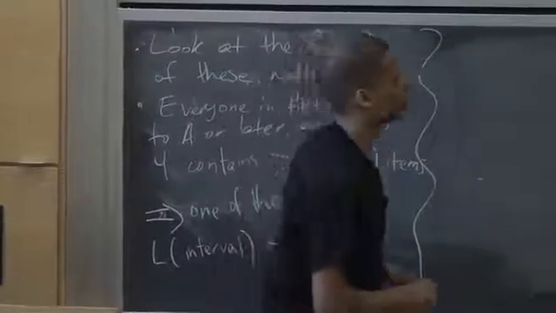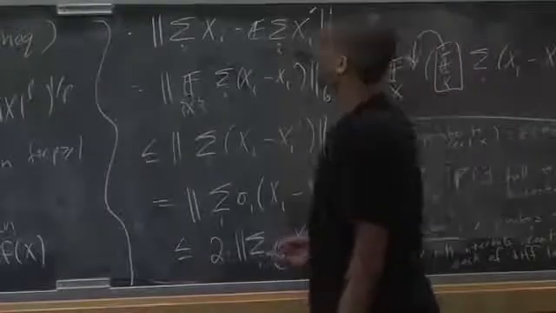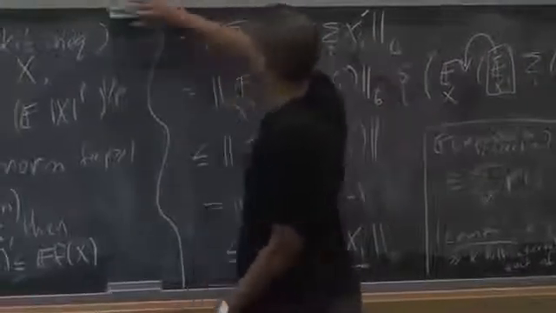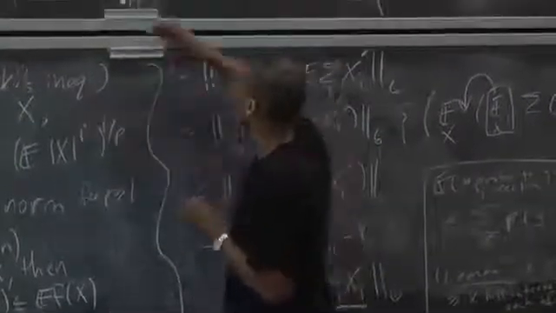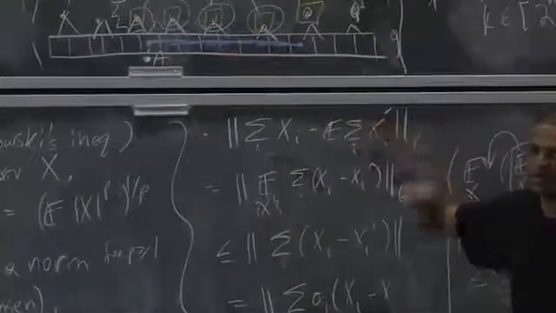So now the point is, if we're looking at intervals of length k, there are k of them that contain h of x, but they themselves are contained in an interval of length 2k minus 2.